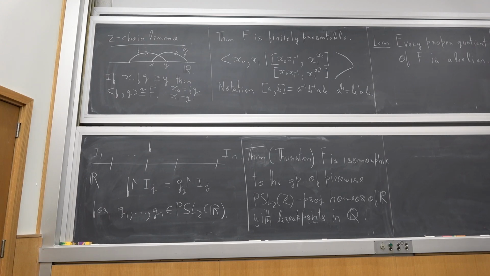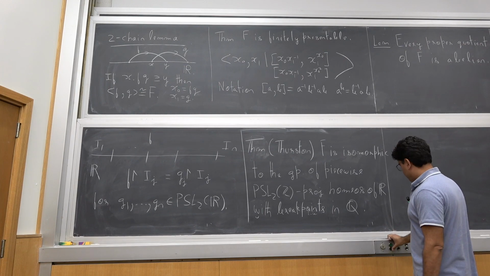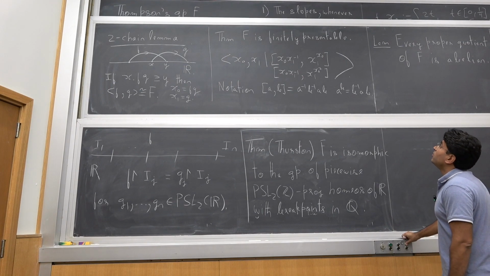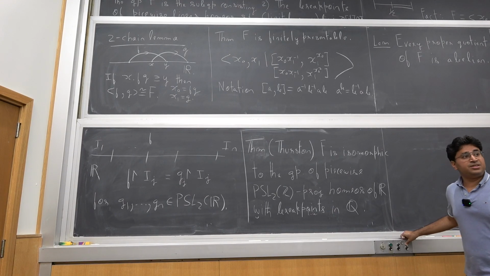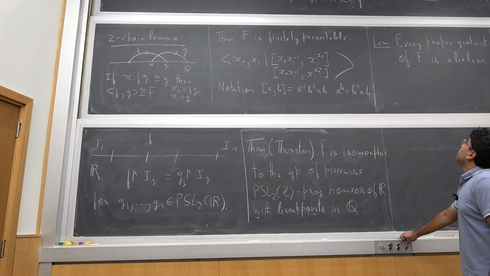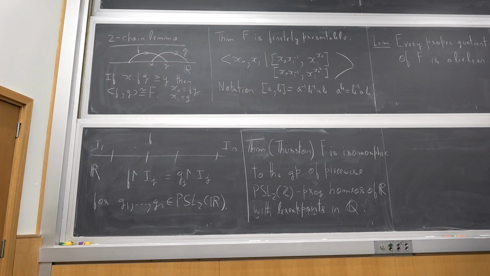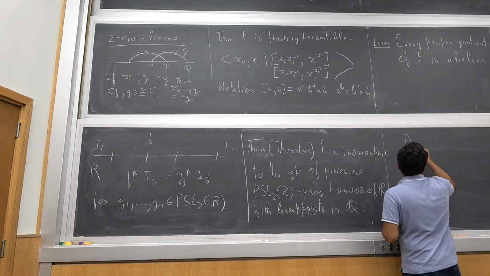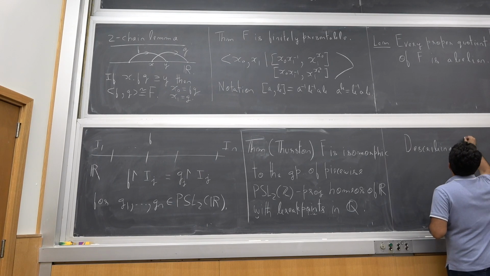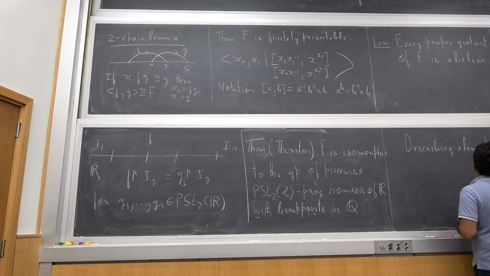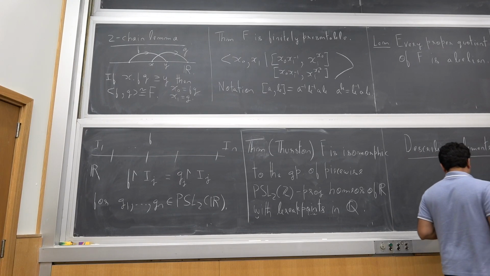I'm going to go back a little bit to the original definition, the group of piecewise linear homeomorphisms, and I'm going to give you another interpretation of that, a way of describing elements of F combinatorially.